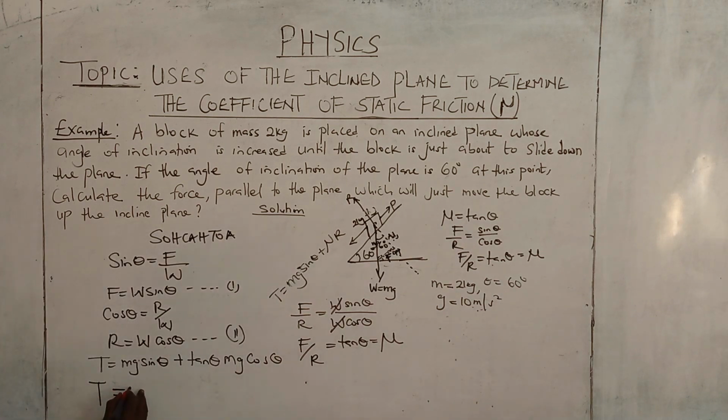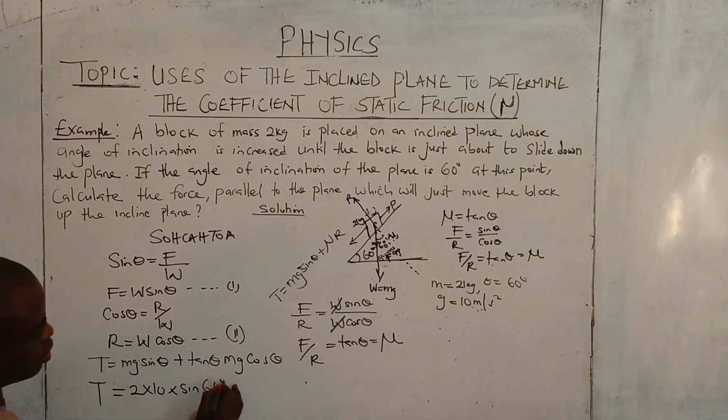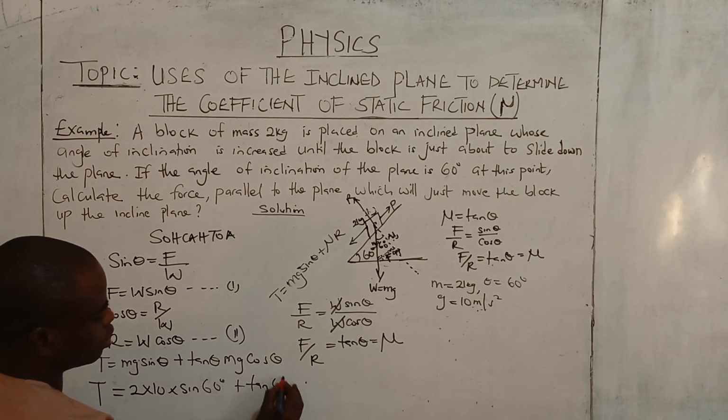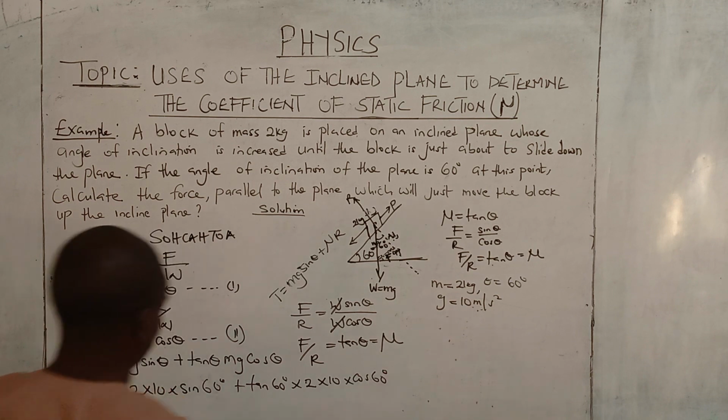We have mass 2 times 10 times sine 60 degrees, plus tan 60 degrees times 2 times 10 times cos 60 degrees.